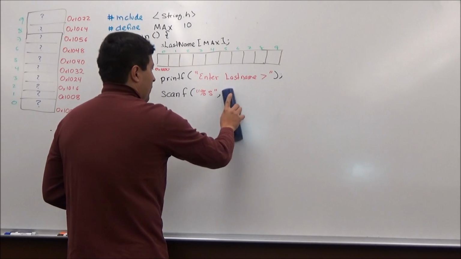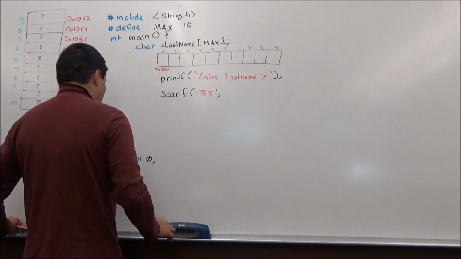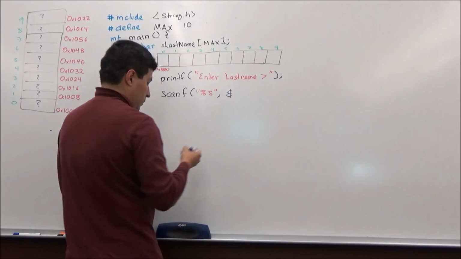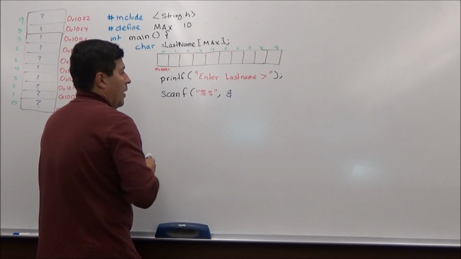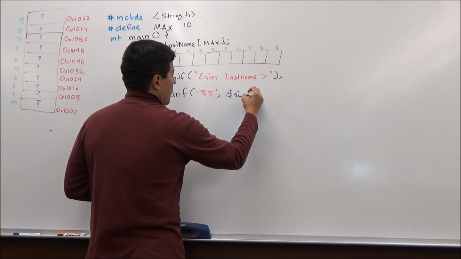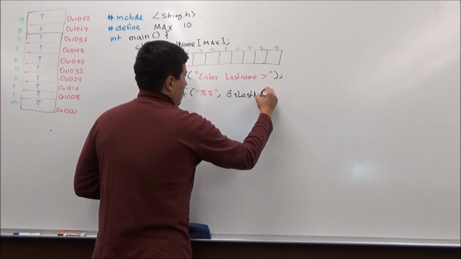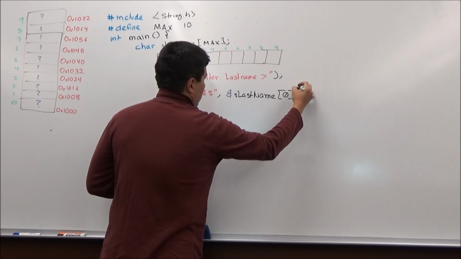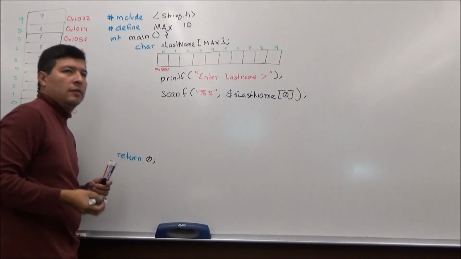If I were to pass an address like we're used to, like putting this ampersand, I will have to do it like this. That's where the array begins, right? Address of the element 0.